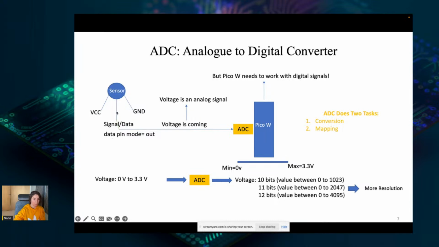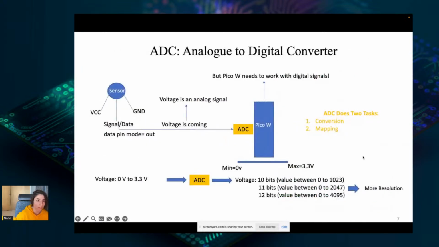But when we are sending data to this Pico, voltage is coming here, and as we know, voltage is an analog signal. But the Pico that we have here needs to work with digital signals.